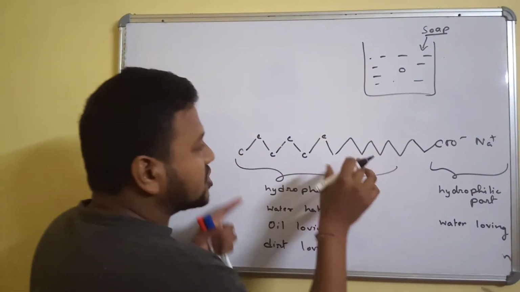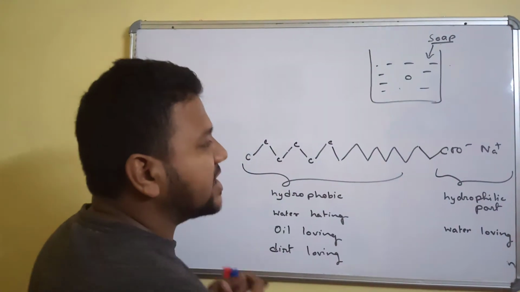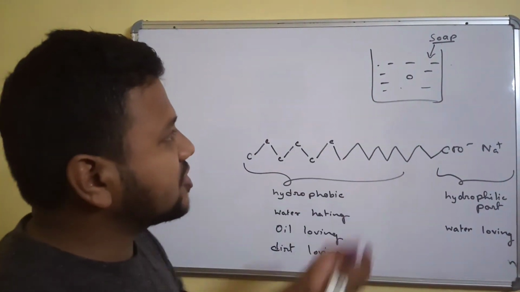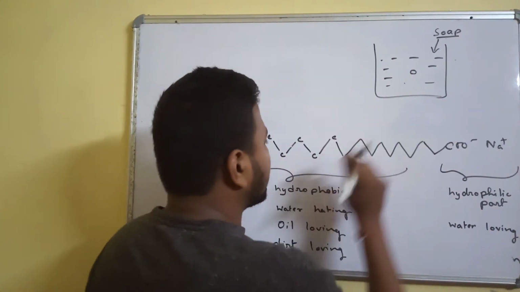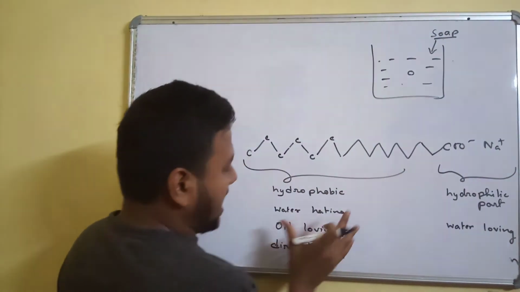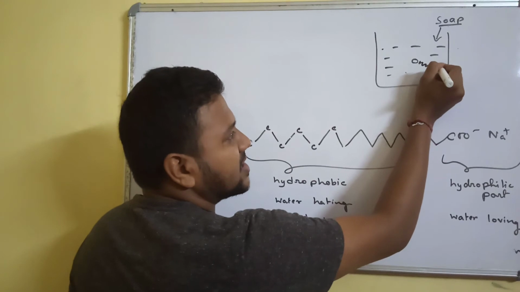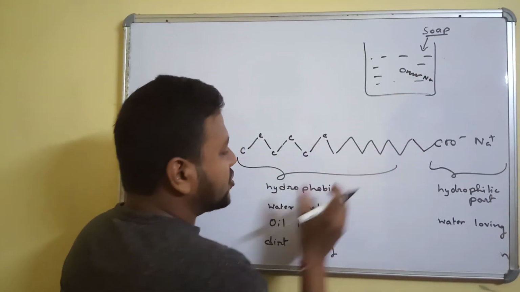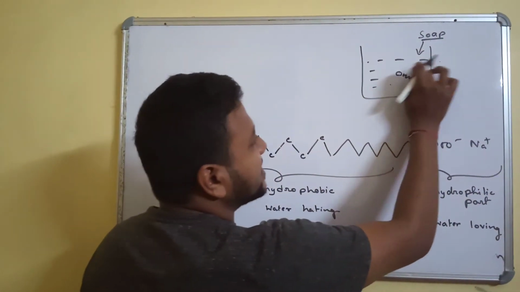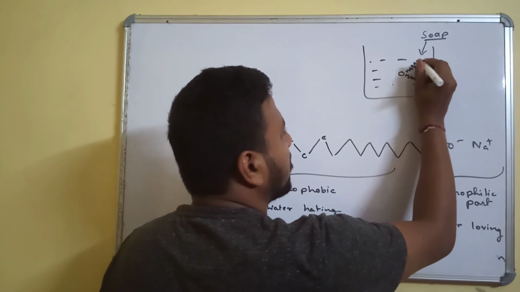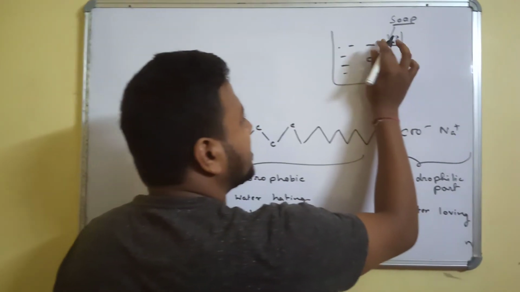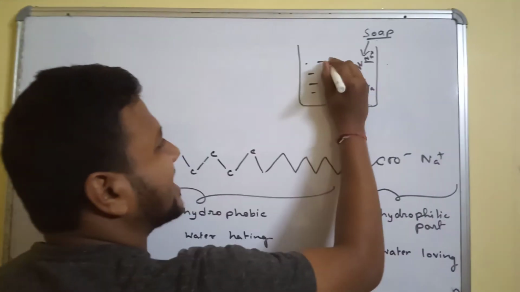We will find that the soap molecules, which are already present in the solution of water, are attracted to the dirt molecule by the hydrophobic, oil loving part, and it is surrounded by different soap molecules, forming a spherical aggregate.